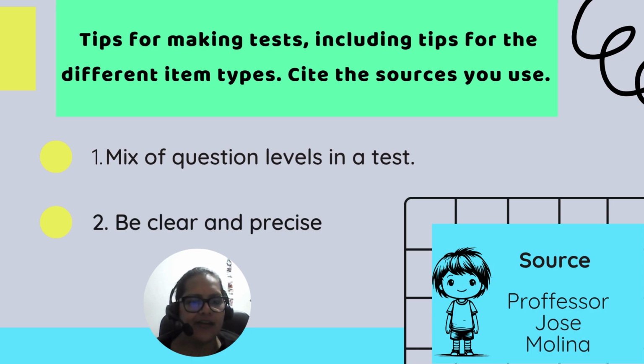And about the different items, multiple choice, matching, short answer, and everything, he said that the most important part of every single type of item is to be clear, that all instructions have to make sense.